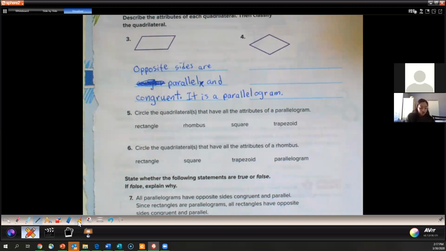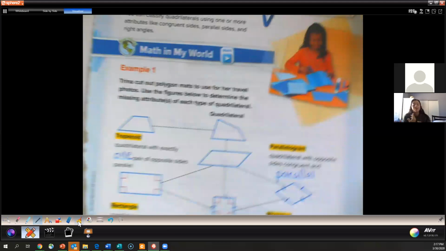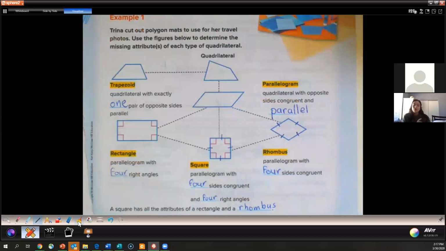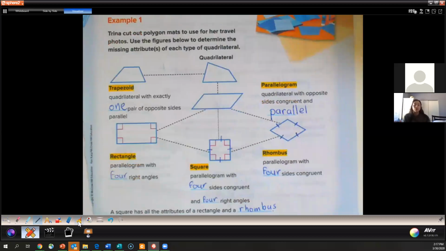Just for a refresher, a parallelogram, boys and girls, is defined as a quadrilateral with opposite sides congruent, which means same size and same shape. And they are parallel, which means what? Yes, they never intersect. That would be correct. So that's what a parallelogram is.